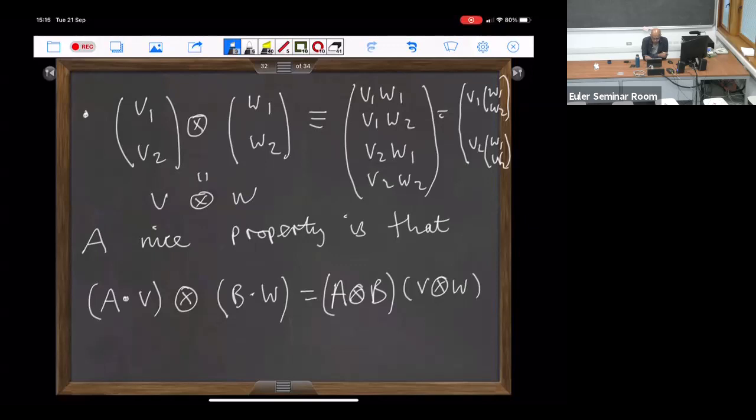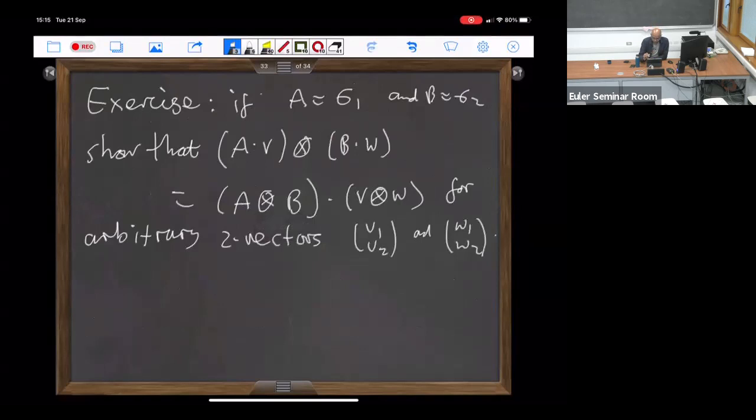And that operation is the same thing as taking the tensor product of the 2 matrices and acting on the tensor product of the vectors. Here I've given you an exercise to verify that this is true. You could take, for example, for A and B, sigma 1 and sigma 2, or you could do it for general matrices.